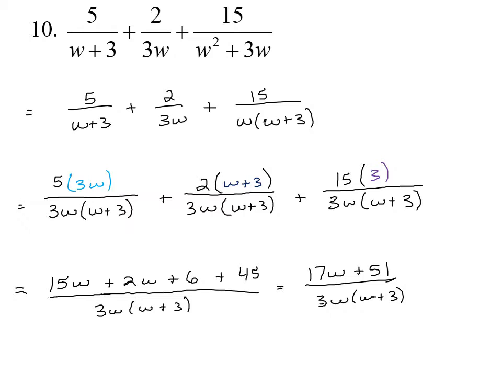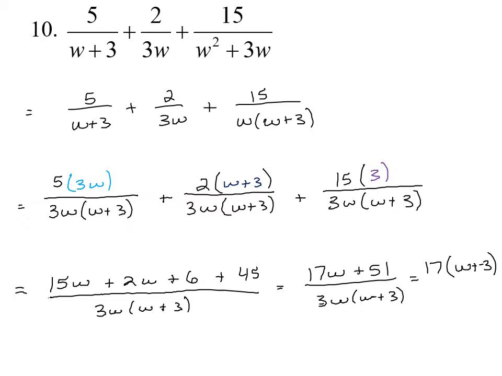I think this one will actually simplify, because 17 and 51 are both divisible by 17. So if I was to pull the 17 out in front, I would have w plus 3 left over.